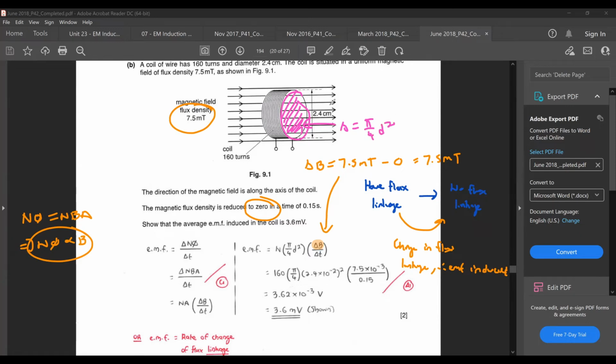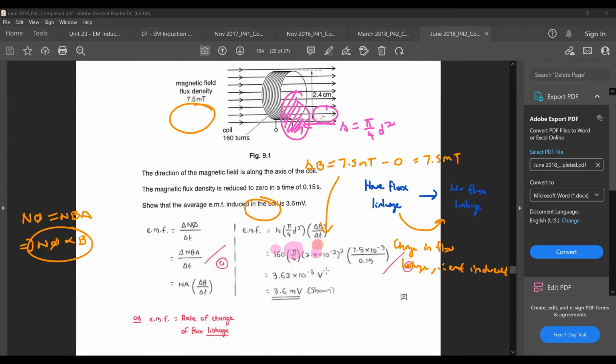I use d because I'm given the diameter, so it makes my life simpler. So my equation now becomes N times pi over 4 d squared, the cross-sectional area, times delta B over delta t. Then the next thing I need to do is sub in everything, and I'll get the answer as 3.6 millivolts, just like that.